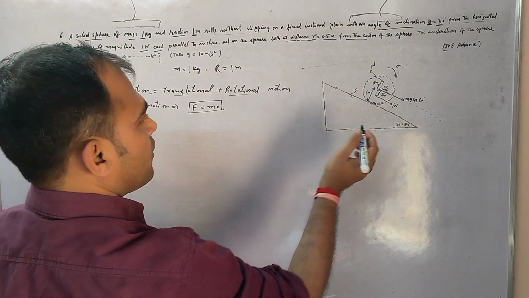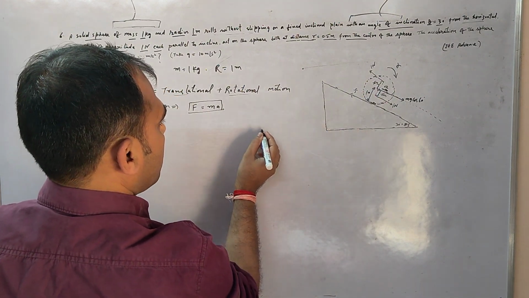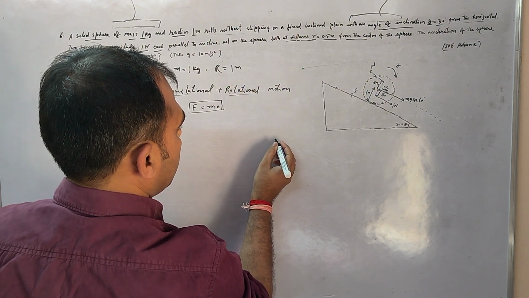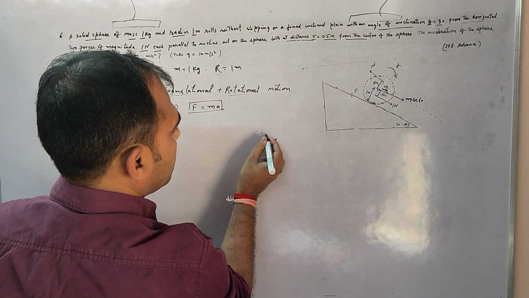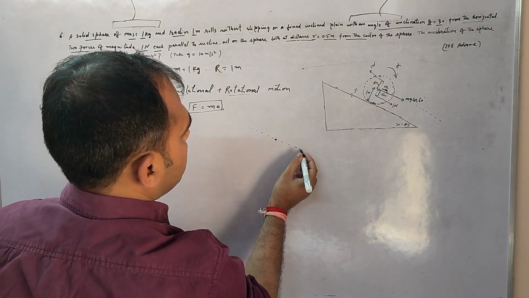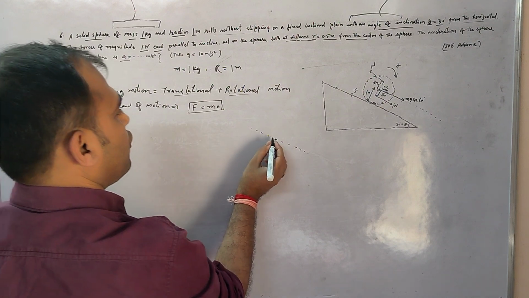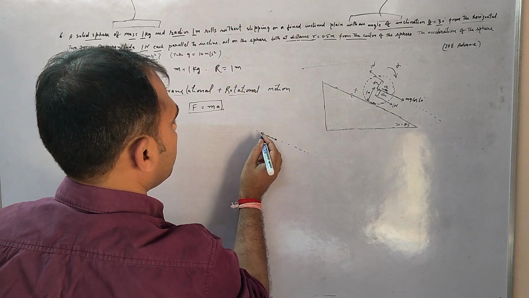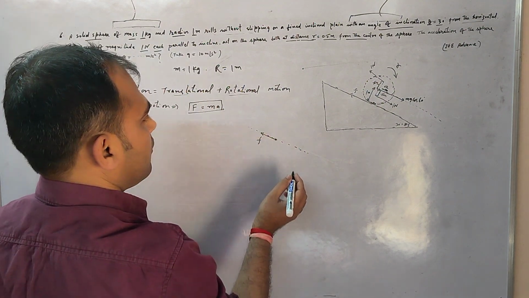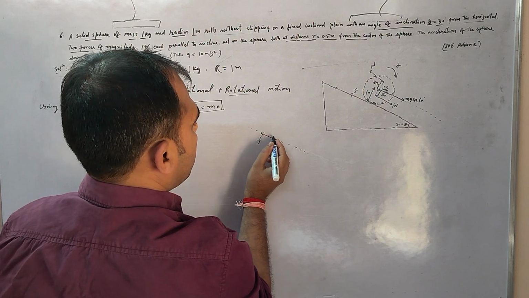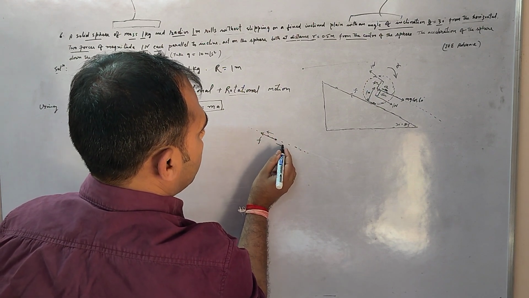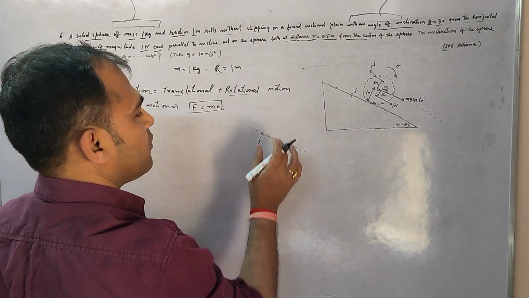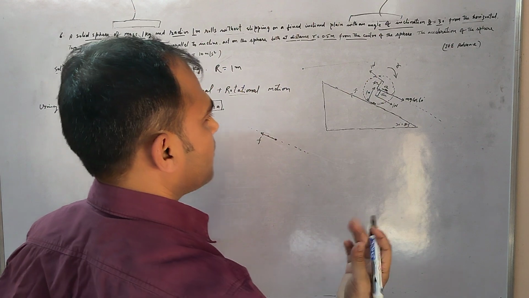Let us draw the figure for forces acting on the center of mass along the plane. So here upside we have the frictional force, this F. 1 Newton upside and 1 Newton downside will cancel out, as both have the same magnitude and opposite direction.